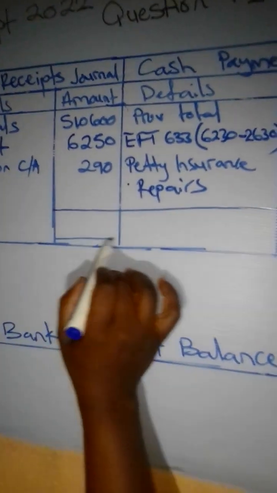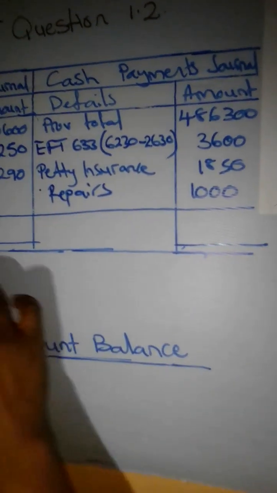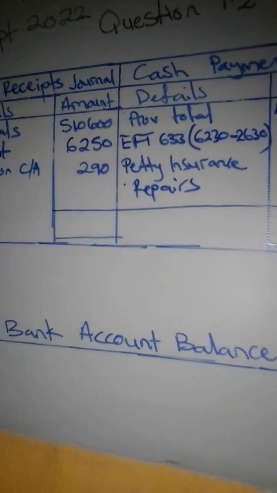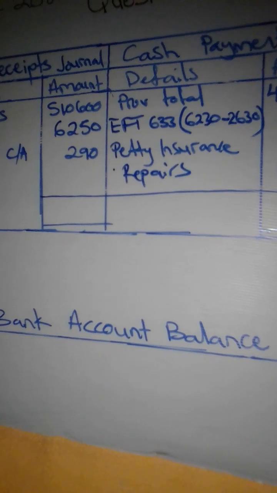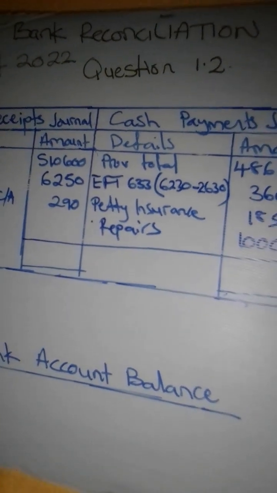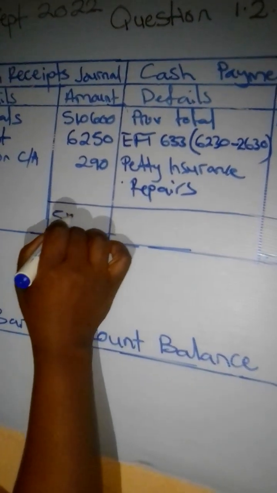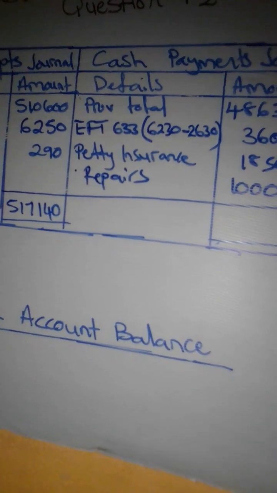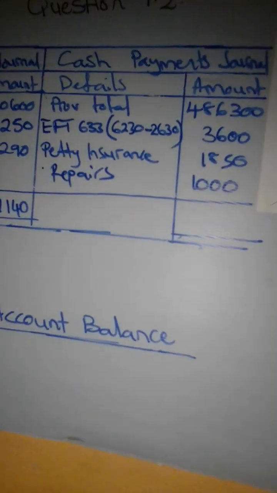All right, let's add everything that is on the debit. 510,600 plus 6,250 plus 290. It will give us something like 517,140. And then the amount for the cash payments journal, let's add everything also.